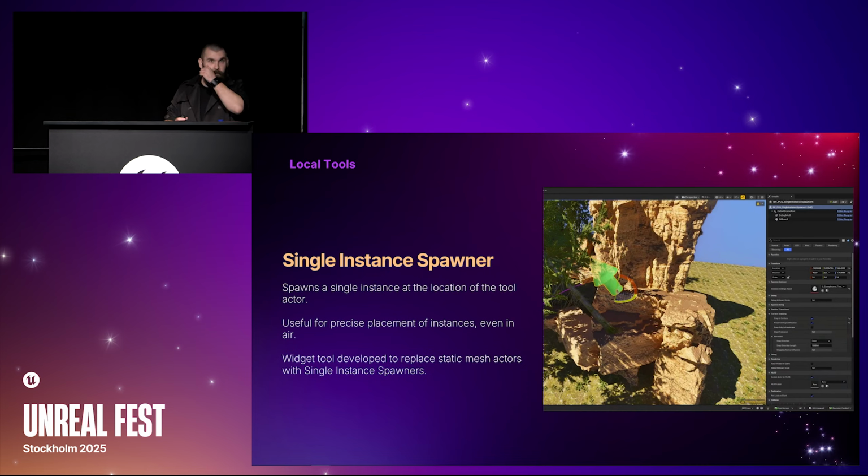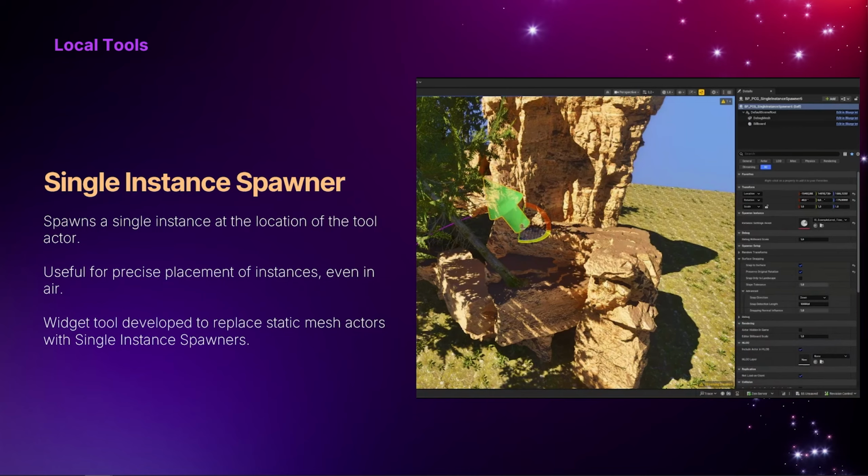There is another blueprint utility widget that's like a twin tool to this one. It's a blueprint tool that enables you to select multiple static mesh actors of a single tree or whatever other foliage or other type of mesh you have, and you'll use this tool to replace all those meshes with single instance actors with the same instance settings.